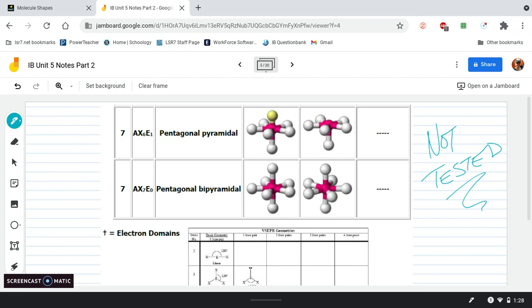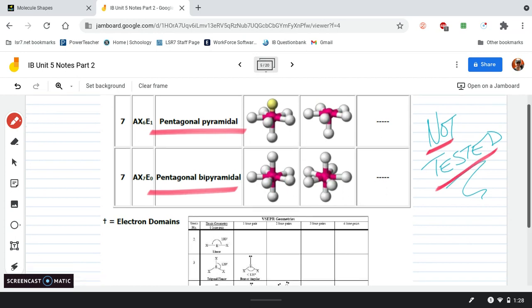Don't worry about these. That's why I gave you the pictures there. You've got an AX6E1, a pentagonal pyramidal, and then an AX7E0, a pentagonal bipyramidal. Once again, I will not test you over these, so you should not memorize those. Okay, so these are not tested.